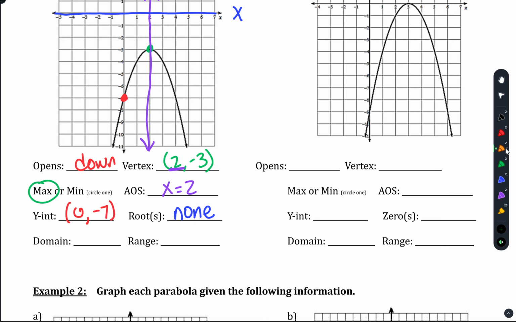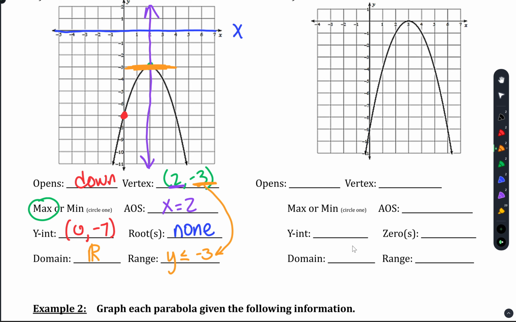Domain is what every time? All real numbers. And then the range is the tricky one. Here's my vertex. It doesn't go above it, so all the numbers are smaller. So I want y is less than or equal to what? Perfect. That value is coming from my vertex.